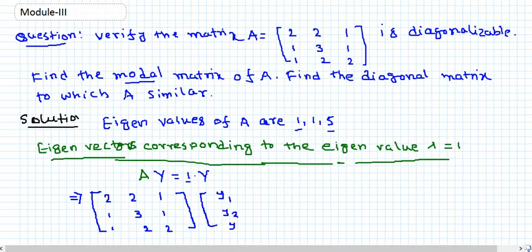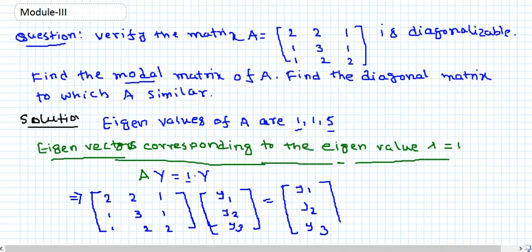Obviously this is a 3 by 1 vector because we are talking about vectors in R3. Because we have a 3 by 3 matrix, we need a 3 by 1 vector, equal to 1 times y1, y2, y3.